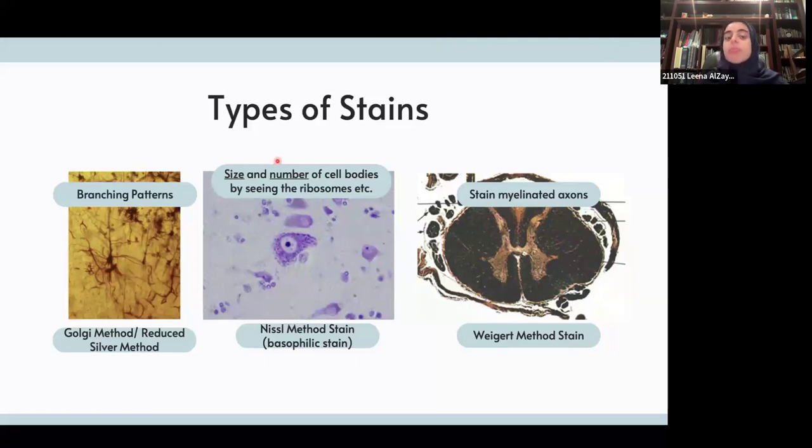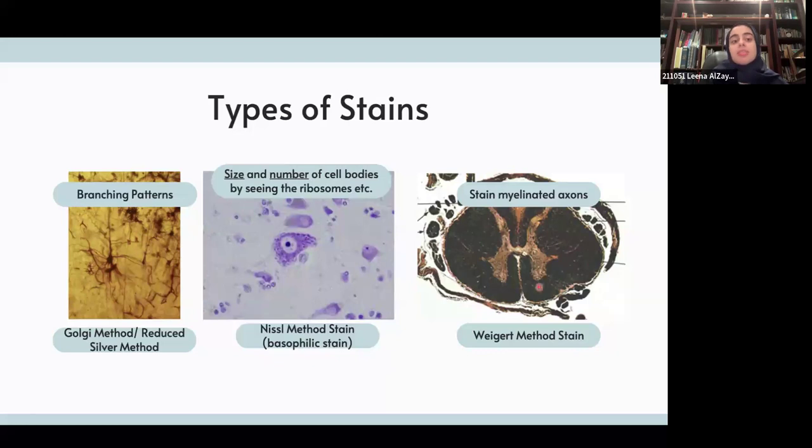body substance. Then you have the Weigert's method stain, which basically colors the myelinated axons black, and the gray matter that's actually cell bodies that isn't myelinated doesn't stain it. So the black stain of the Weigert's method stains the myelinated axon.